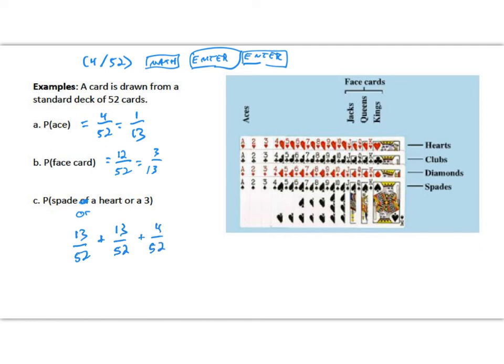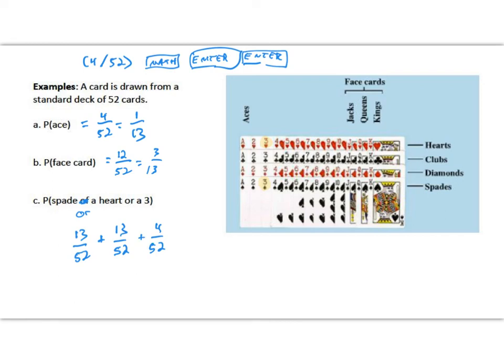But the catch is, I've got a problem here. My problem is that I have double counted 2 cards. See, here's all the spades and hearts. And you notice that I've counted the 3 of hearts and the 3 of spades twice. I counted the 3 of hearts once here and once here.